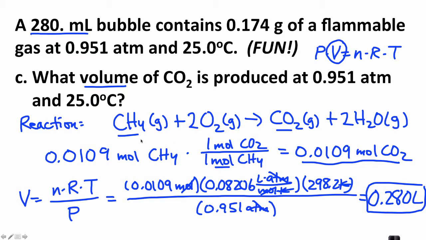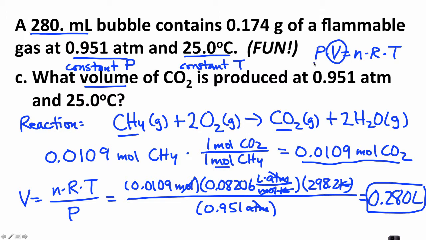And notice something that's kind of important and potentially time-saving. Since we are dealing with a constant pressure and a constant temperature, I know the temperature goes up when the reaction takes place, but when it comes back to 25 degrees Celsius, then the pressure and temperature are the same for all the gases involved.